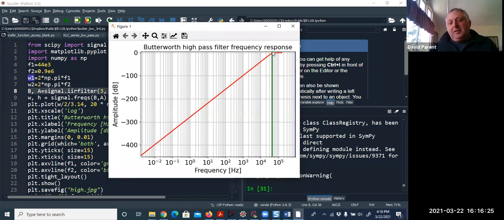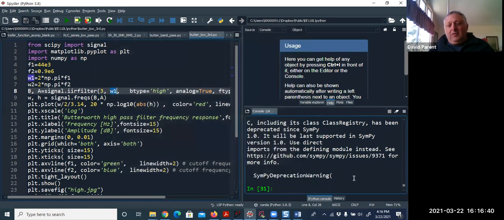That point becomes 43 kilohertz, because that was the specification. And this slope, because it's fourth order, would be 4 times 20. You don't really need to know that, but it helps. You don't use it in the calculations.